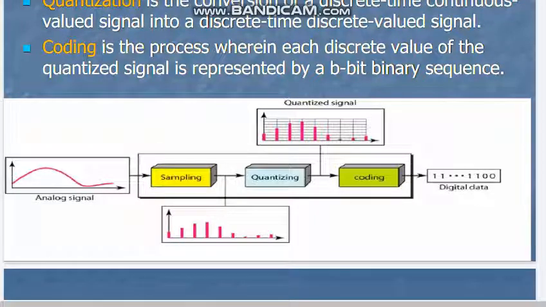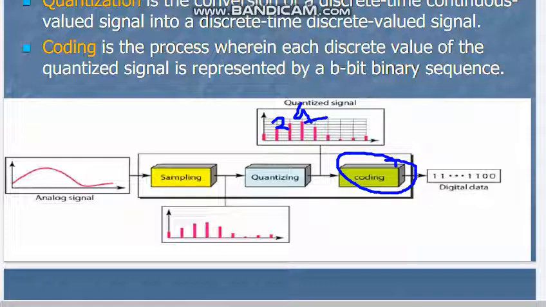After taking the quantized signal, just taking the value from the y-axis, that means from this axis reference, and you have the value from the quantized signal, then you have to do the coding section. Coding means you have to convert these values, for example 4, that's the value on the y-axis.